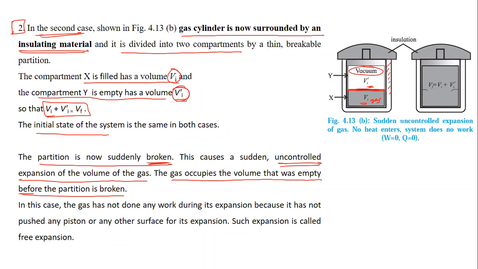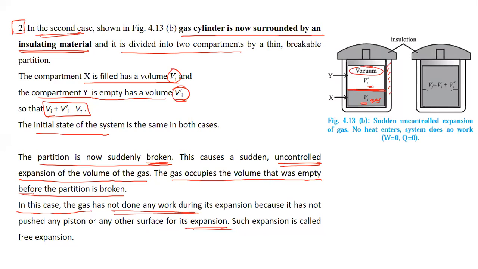In this case, the gas has not done any work during its expansion because it has not pushed any piston or any other surface for its expansion. You know that when we push the piston and compress the gas, temperature increases.